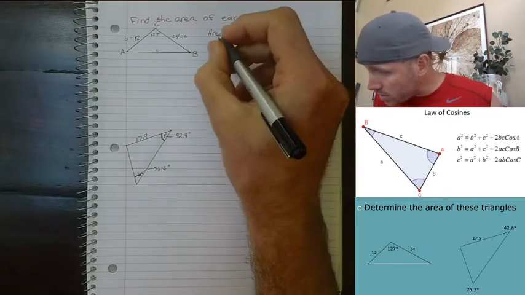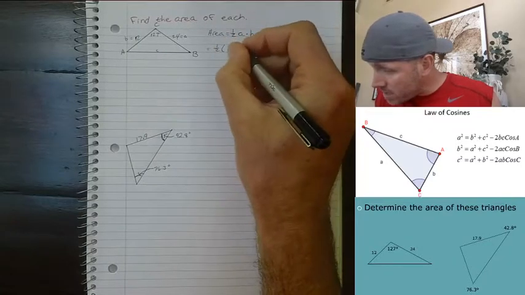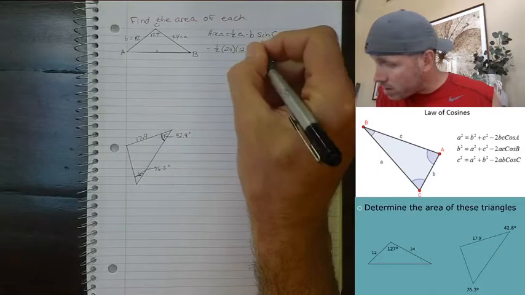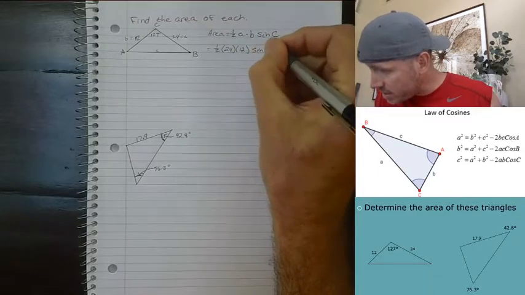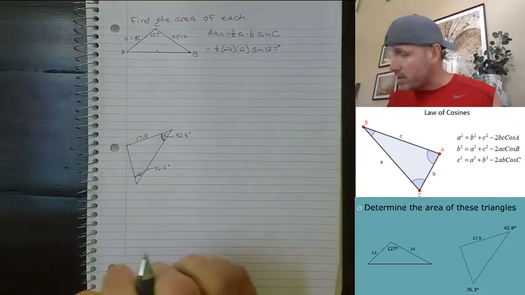The area is going to be 1/2 times A, which is 24, times B, which is 12, times the sine of angle C, which is 127 degrees.